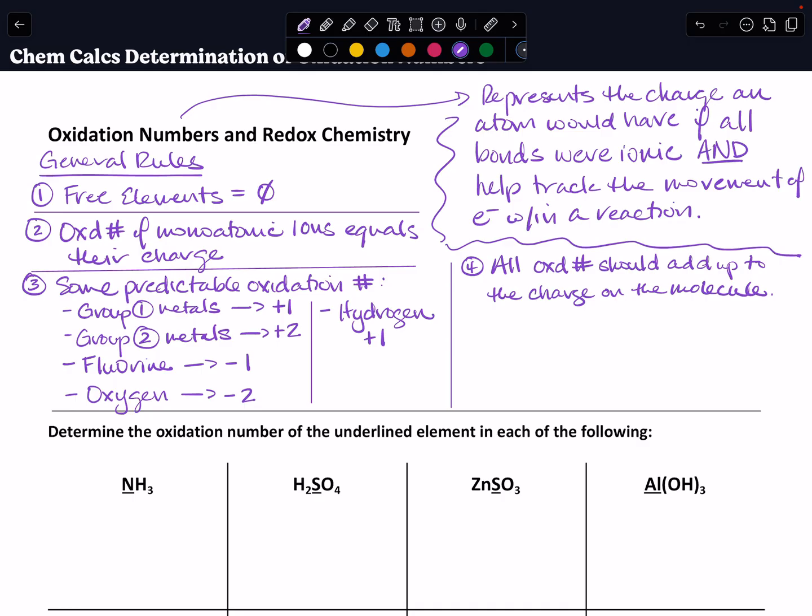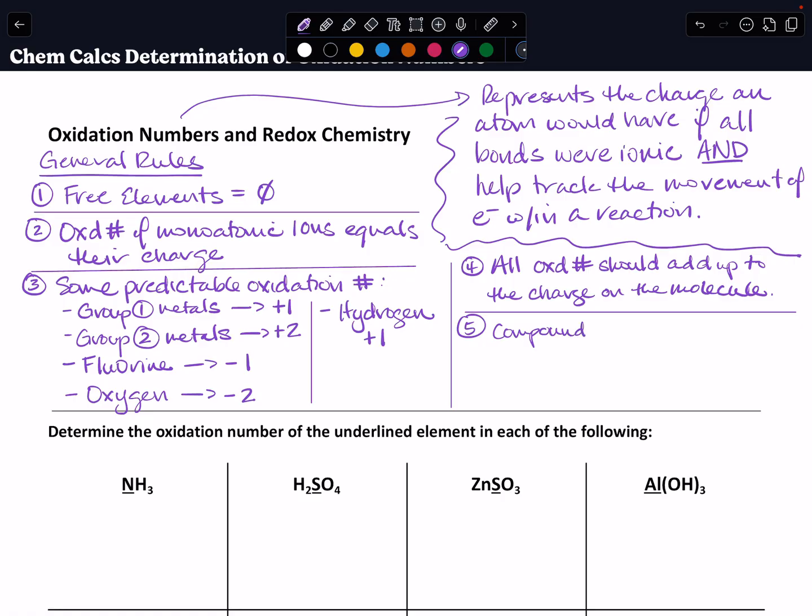If that molecule is neutral, they should all add up to 0. If it is a polyatomic ion and has a charge, they should all add up to that charge. That is going to be a very important rule here because that's what's going to let us solve for our unknown.